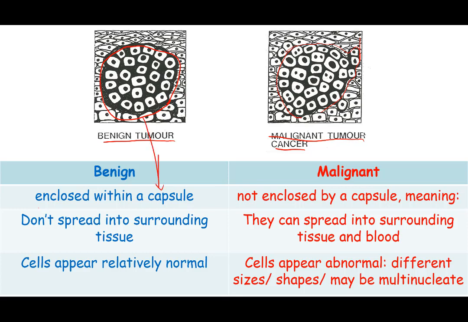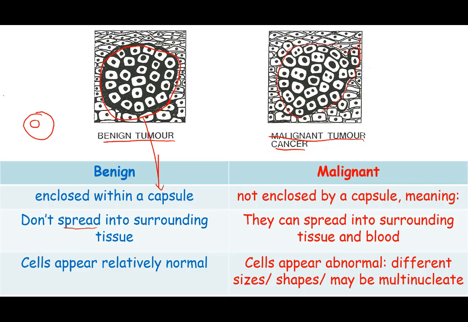Now, because it's in a capsule, it means it doesn't spread the surrounding tissue. So, if you found a lump on your body somewhere and it turned out to be a benign tumour, that one would be the less severe because there's less chance that it would have spread into surrounding tissue, which can be quite dangerous. As well as that, the cells appear quite normal. So they'll look just like typical animal cells, where they've got a cell membrane, a cytoplasm, and a nucleus.